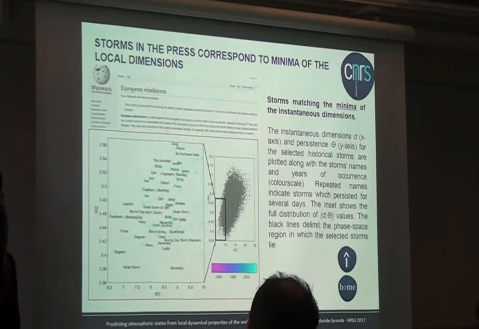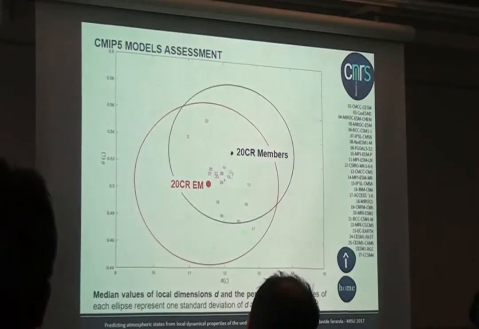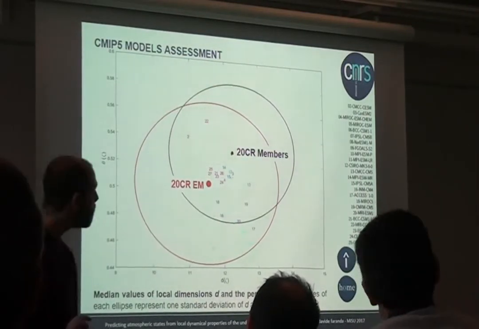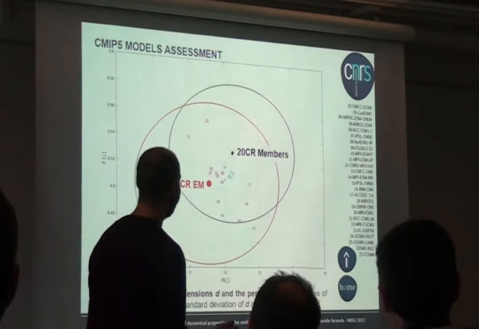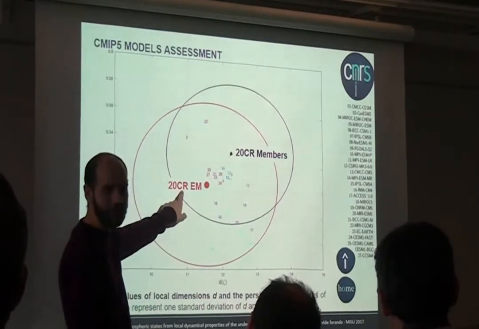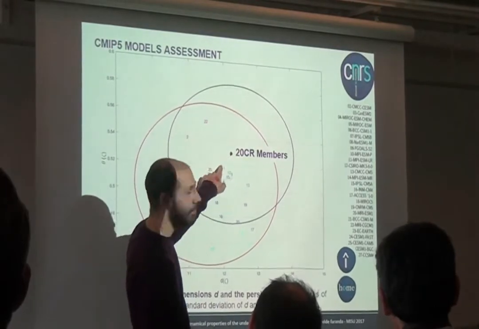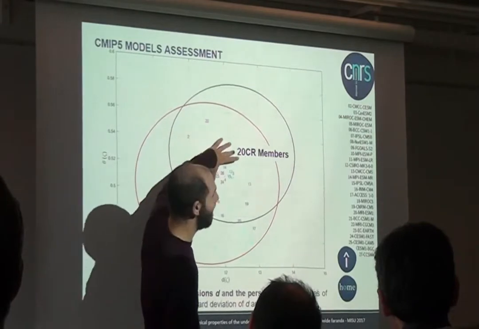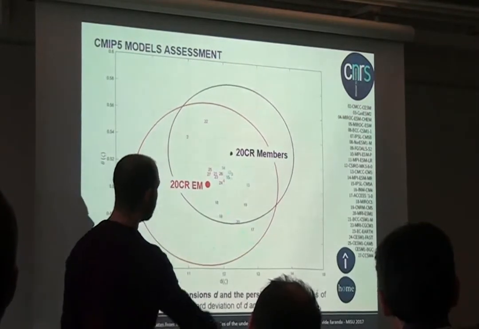And the very last thing. This is for all the CMIP5 models and all the 56 members of the 20CR. This is a caveat for using this. You see that the members are all here, and the 20CR is here, and the models for some reason lie in between the 20CR ensemble mean and the 20CR members.